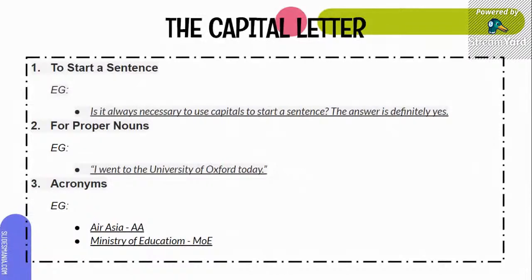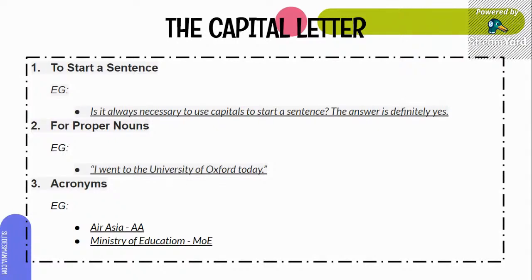Second one, when there is a proper noun in the middle of a sentence, you would use a capital letter too. I went to the University of Oxford today. So University of Oxford is a proper noun. So you have to make sure that a capital letter is used to indicate that the word is a proper noun in your sentences.